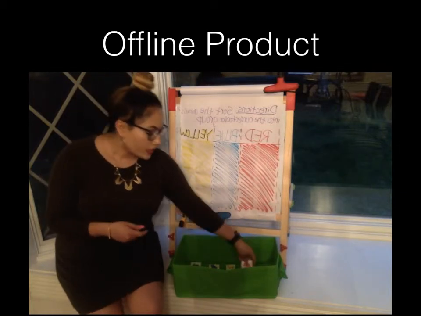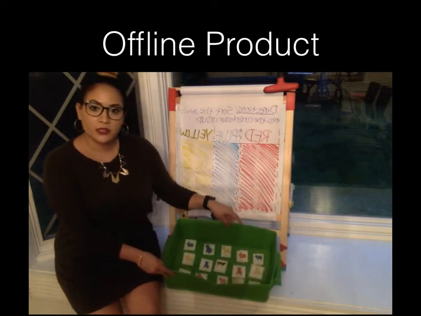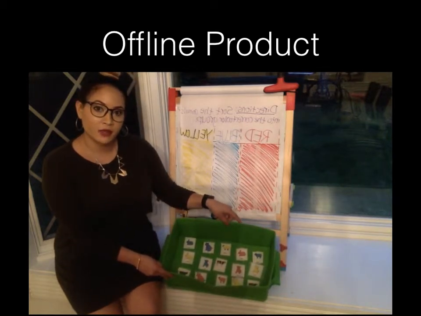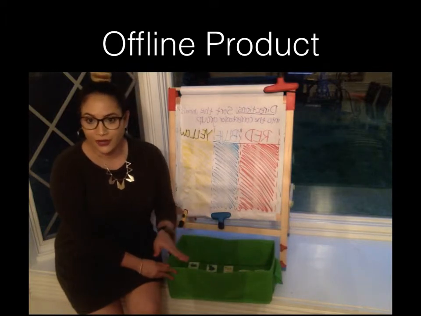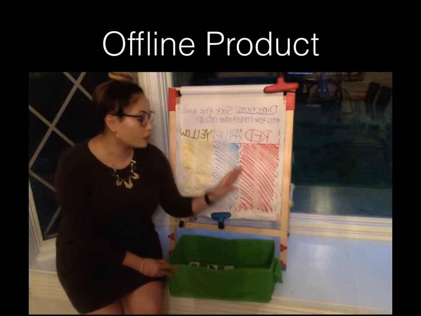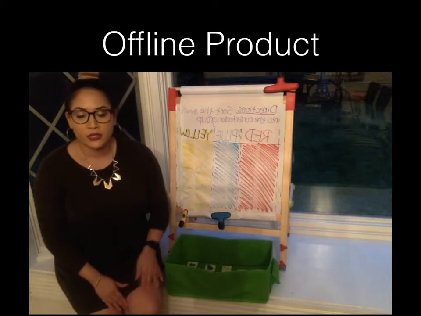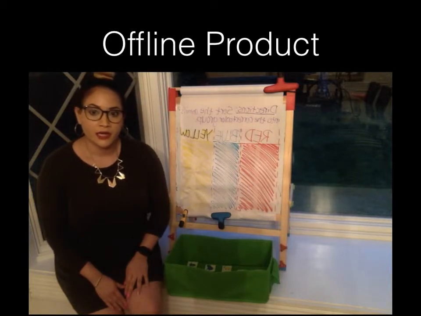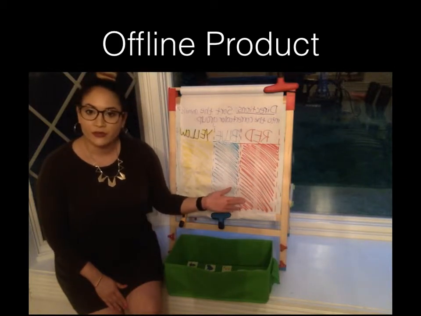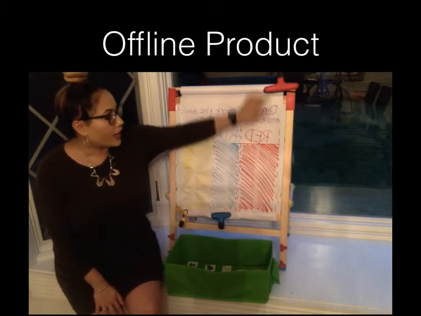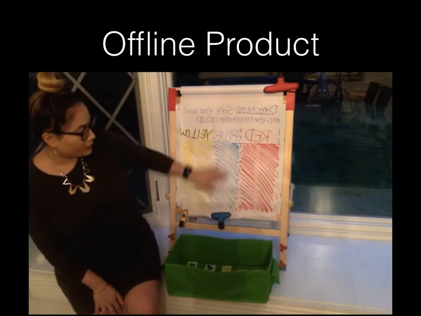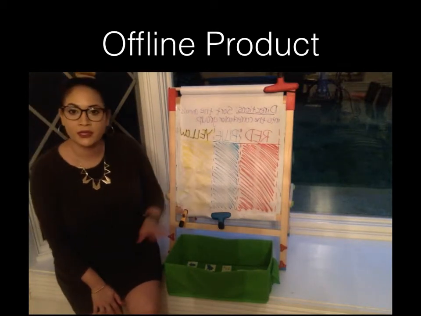I also decided to lay them out clearly like this, spaced out in this soft green bin. It's soft, it's not going to hurt anyone, and it's also not red, blue, or yellow, which I think is really important, because it's kind of confusing if there's a bunch of different colors going on. That's another reason why I have the red clip on the red side, the blue clip with the blue, and the yellow with the yellow, just to keep everything consistent.